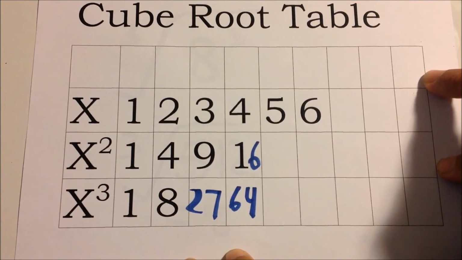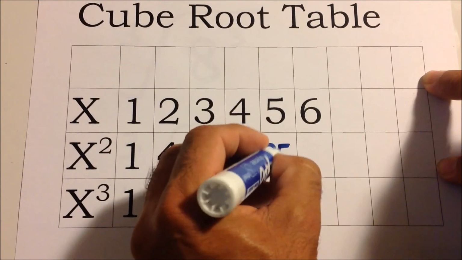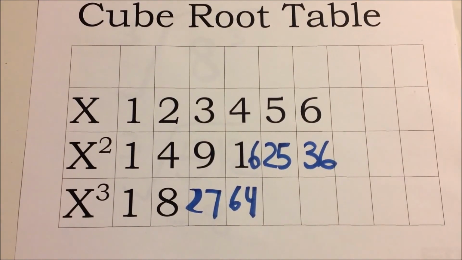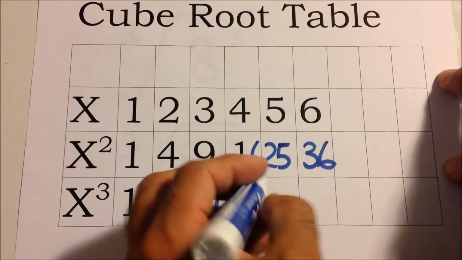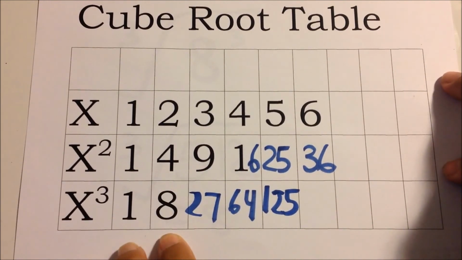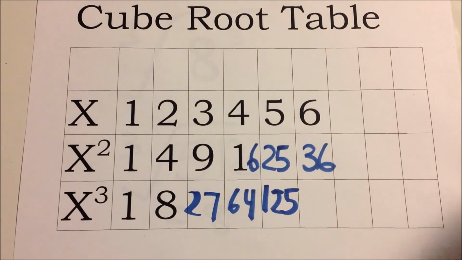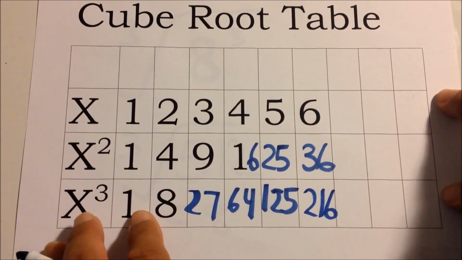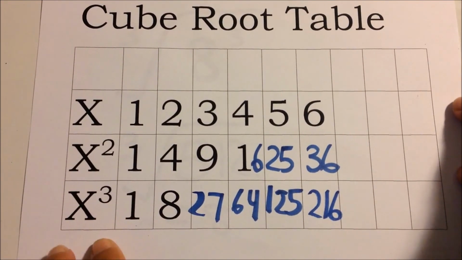And then what about 5 squared? Well, we know it's 25. We know that 6 squared is 36. What about the rest? Alright, well, we know this is 125. And one more. What do you think 6 cubed is? We did it before in the video. Okay, 216. So that's just a cube root table. Those are cube roots. Great job.